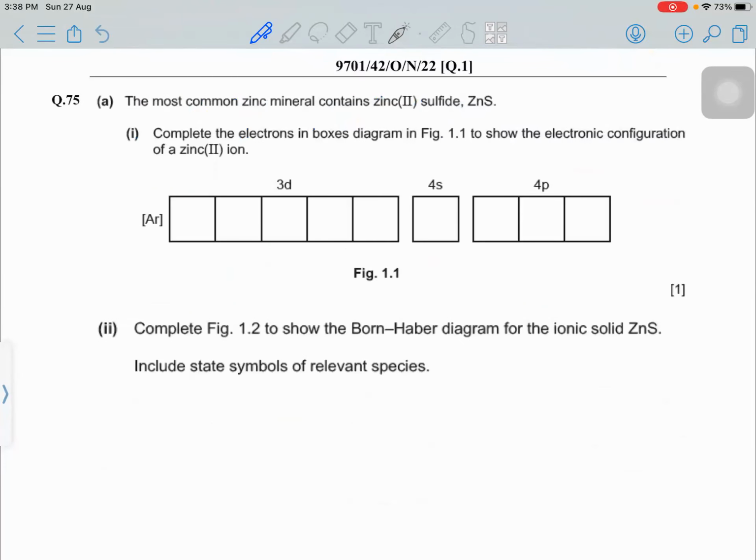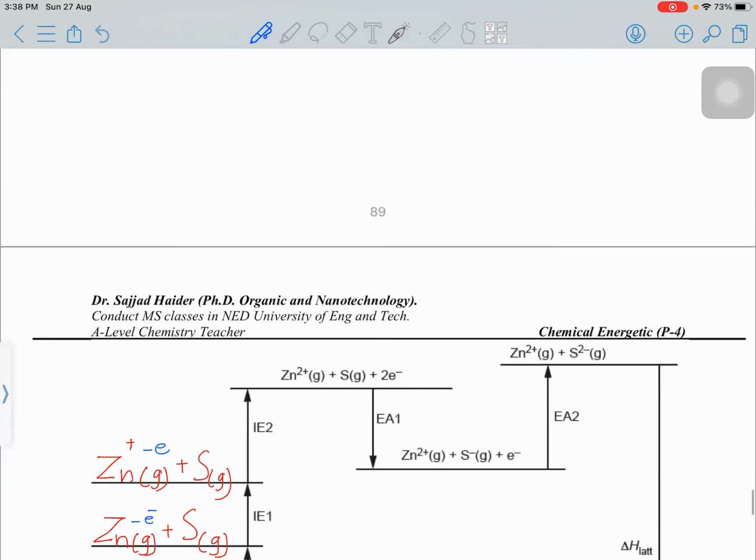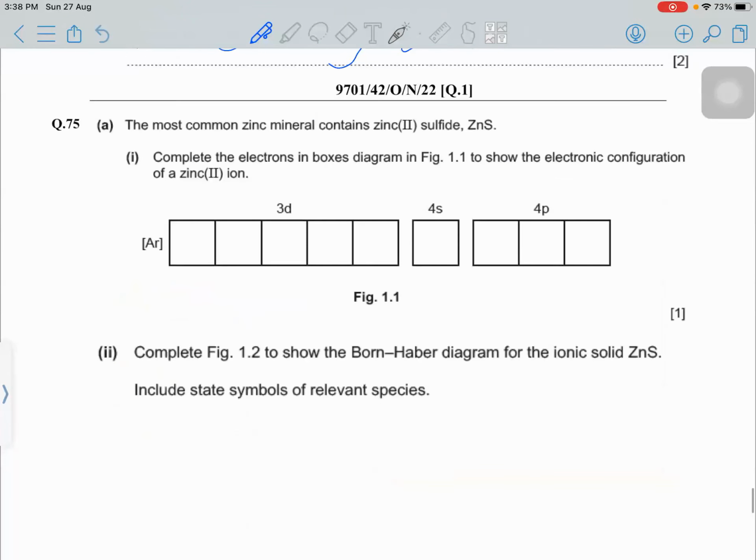Now this one. Complete the electrons-in-boxes diagram to show the electronic configuration of zinc and the zinc 2+ ion. So zinc is 30: 1s2, 2s2, 2p6, 3s2, 3p6, 4s2, 3d10.